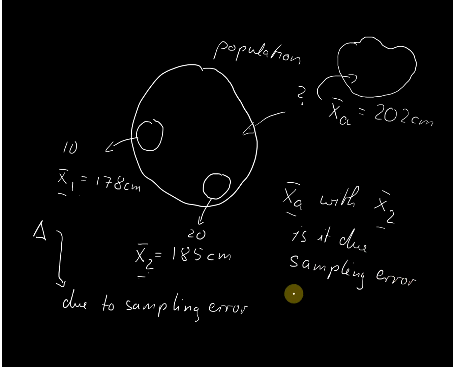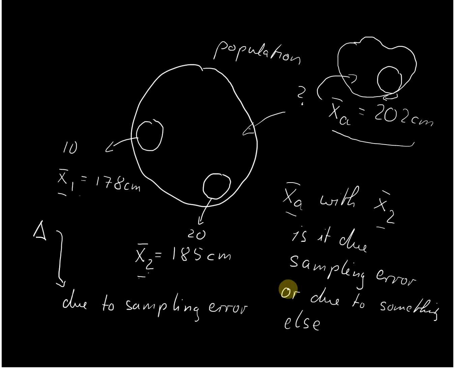Or is it due to something else? For example, this was actually a sample from, say, a basketball team, which has nothing to do with our student population here.